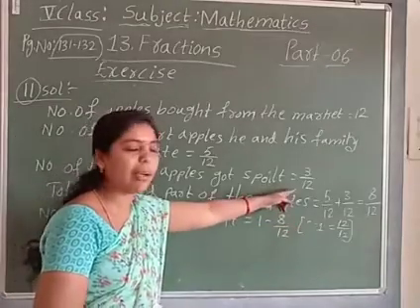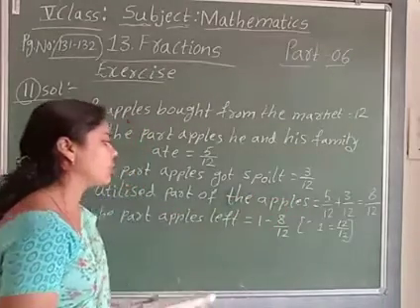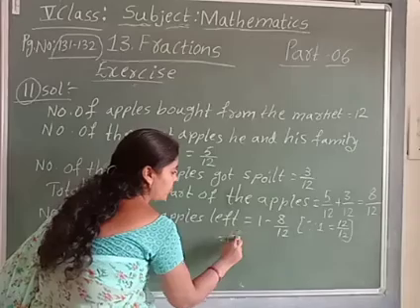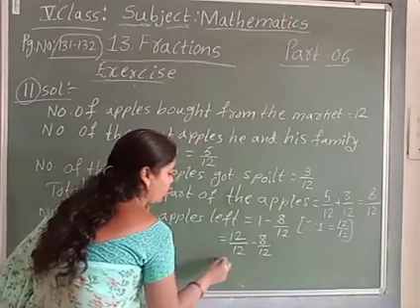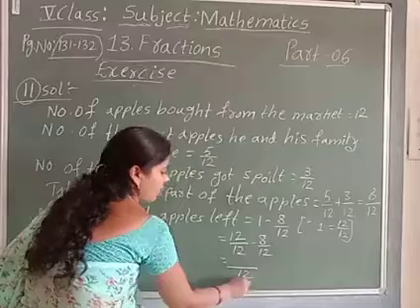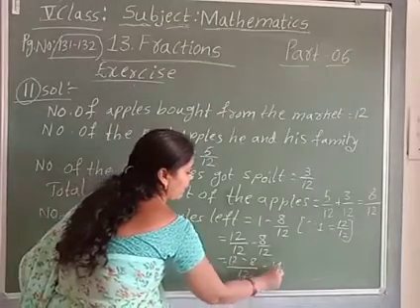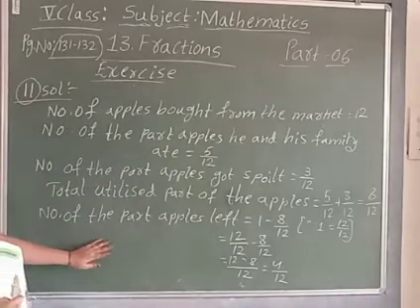Here the denominator is 12, so it is divided into 12 parts. So 12/12 minus 8/12. The denominator is the same, 12 minus 8, 4/12 part of apples only is left.